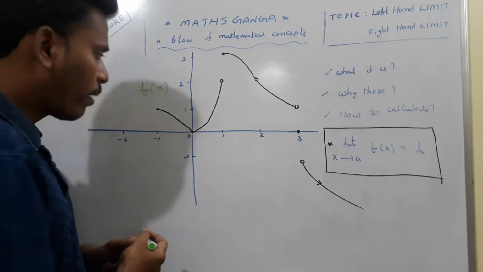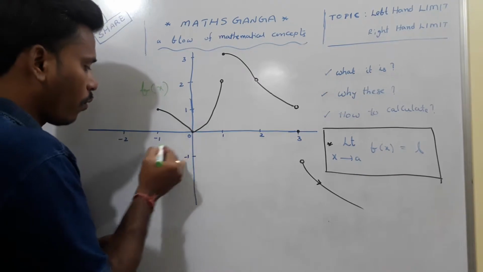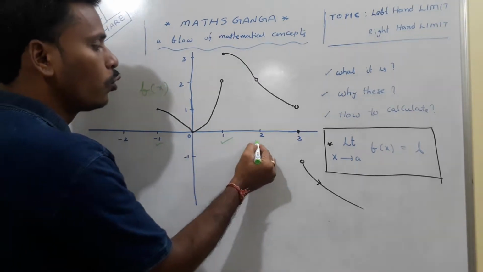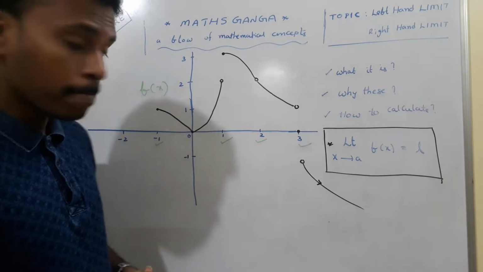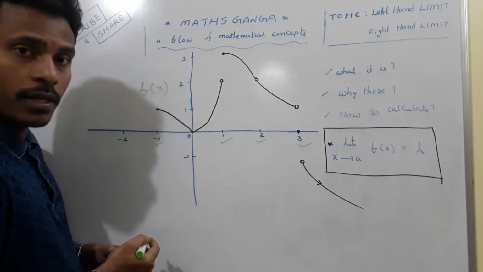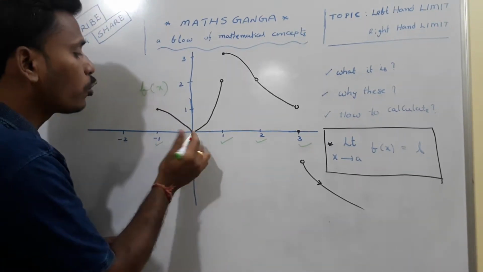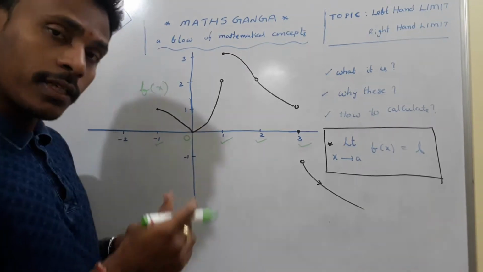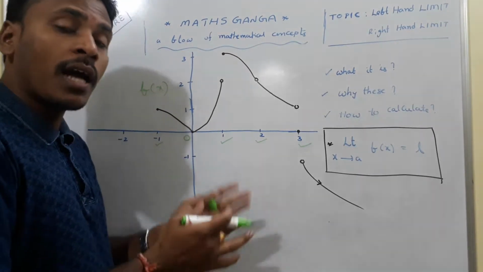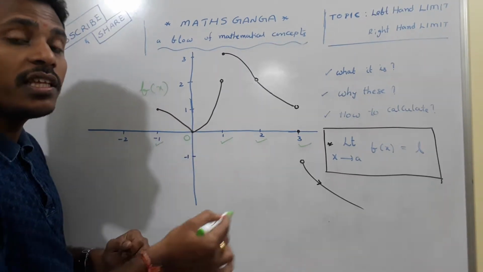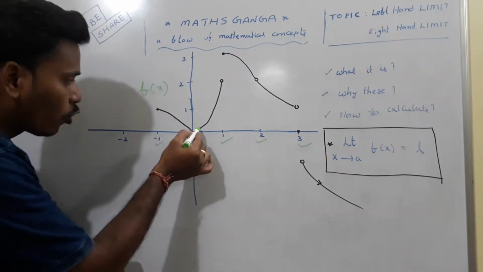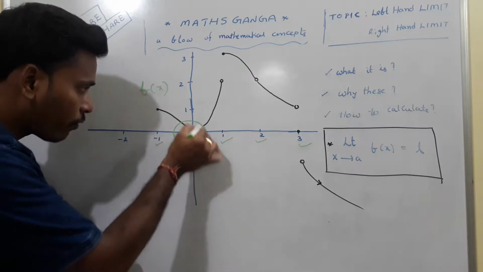At different points like -1, 1, 2, 3, like that. See, at the point 0 I am going to check the limit, specifically the left hand limit and right hand limit. If x is changing in the surroundings of a, that means we need to concentrate on the surroundings of 0.